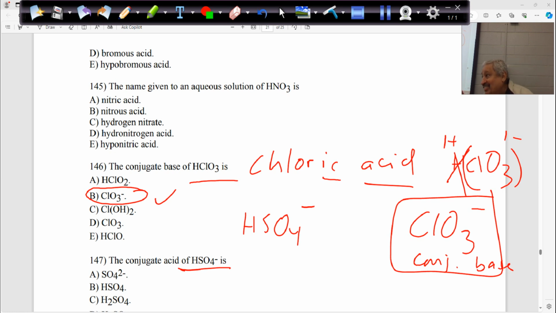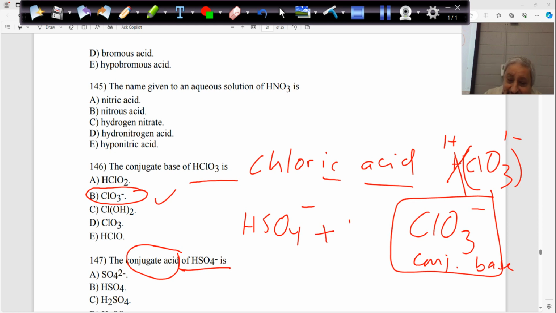I did not say conjugate base. Conjugate base was an acid that lost, but I need to see the conjugate acid of this. What's the conjugate acid? Is a base that what? Gained what? Proton.